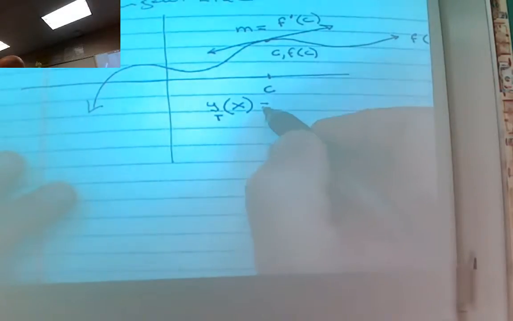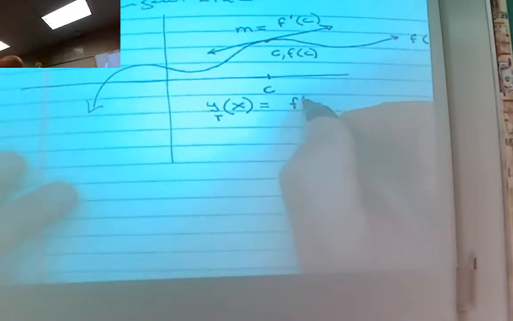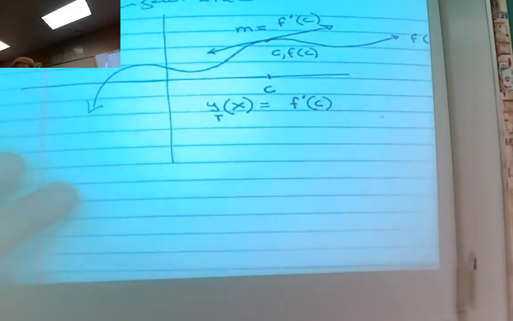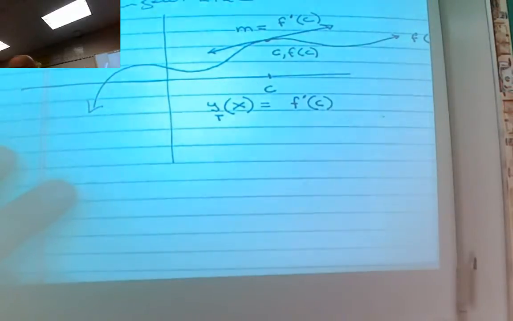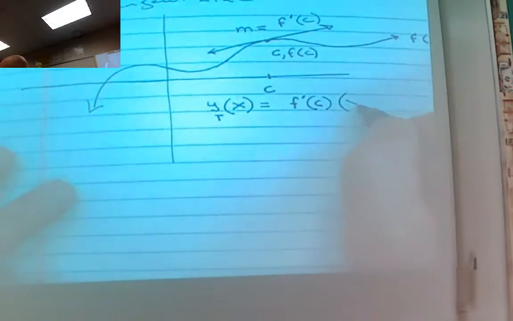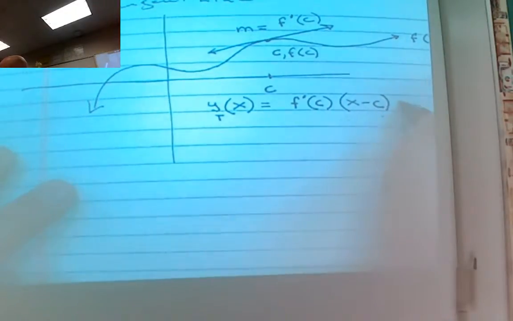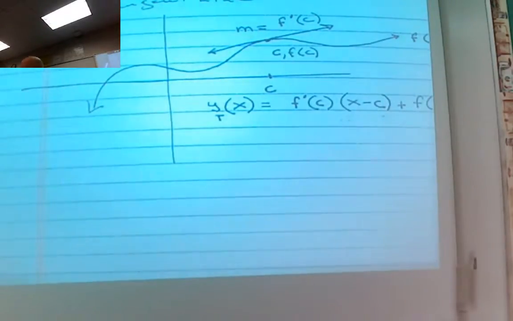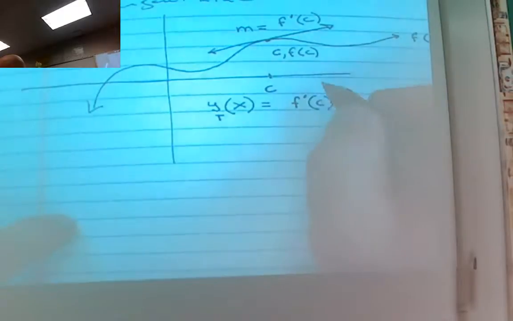And I'm going to use the equation of the tangent line, which is the slope, which is the derivative of f with c plugged into it, times x minus c plus f of c.